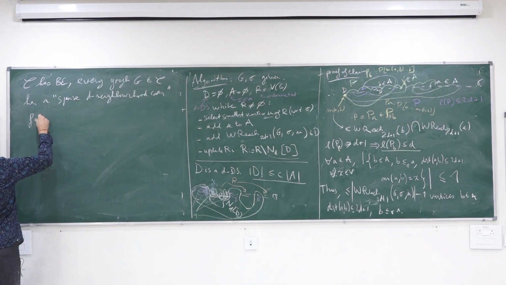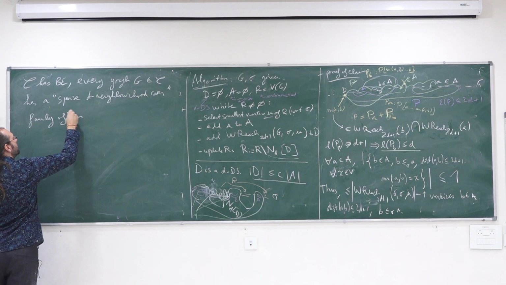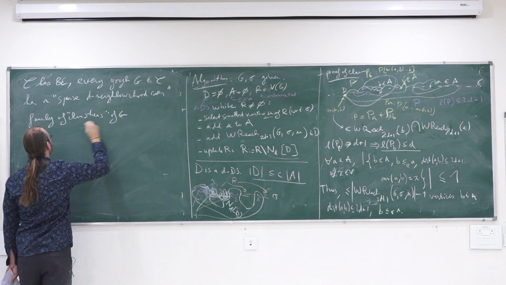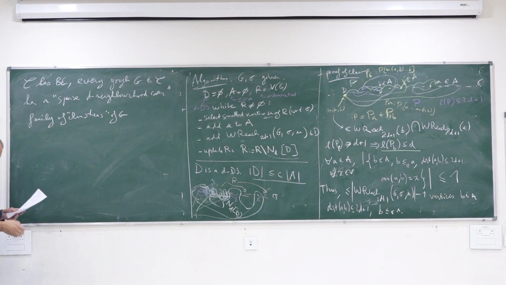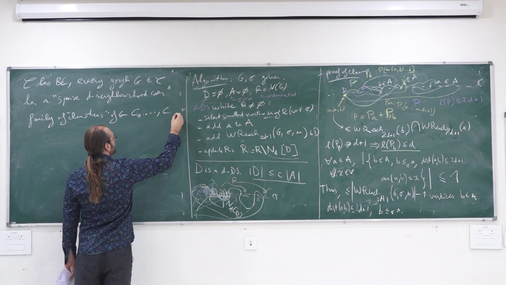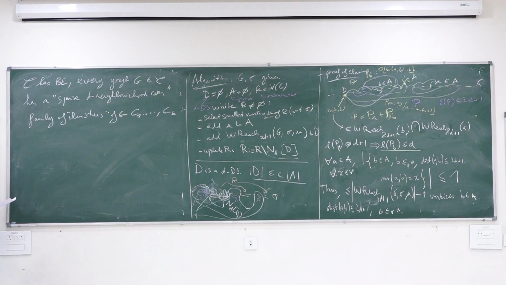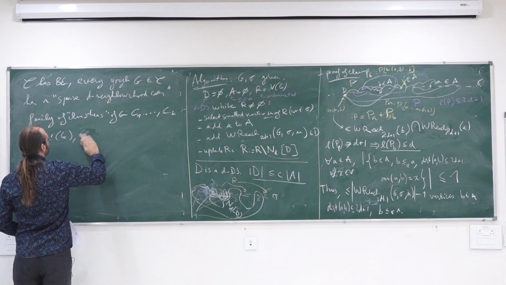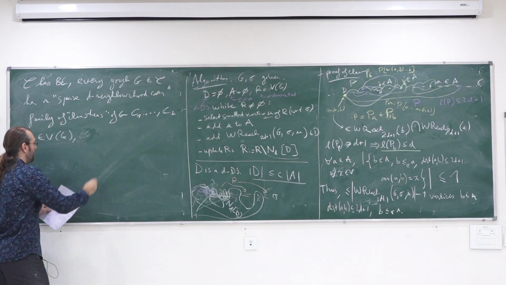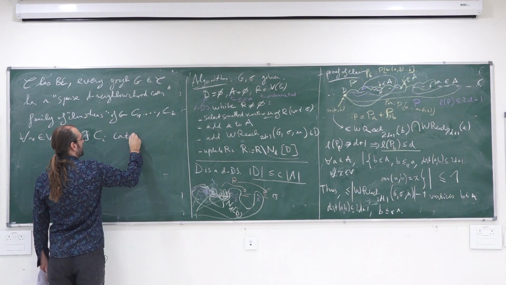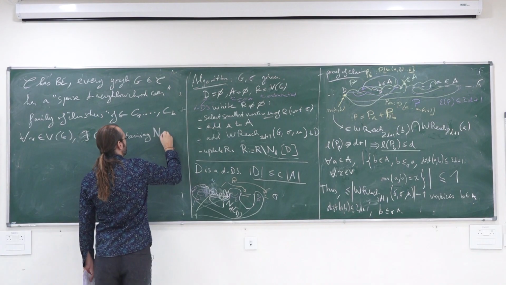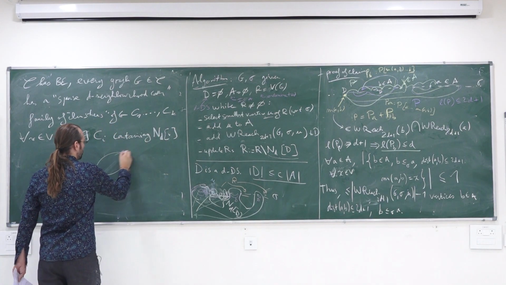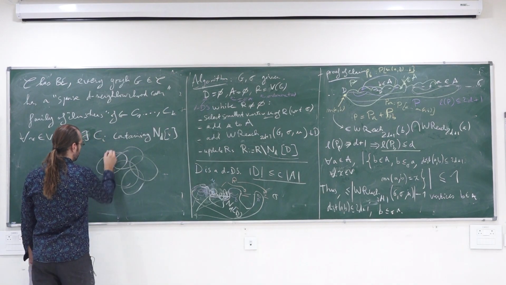This is a family of clusters of G, let's say C1 to Ck, such that, for every vertex in the graph, and for every D, when D is fixed, there exists a cluster which contains your neighborhood at distance D. So imagine that you have a collection of these, you can kind of cover your graph with these clusters.